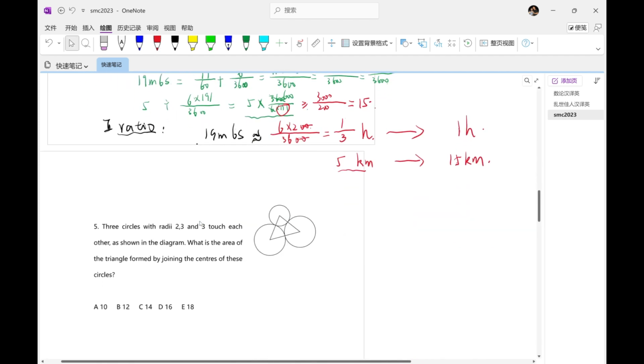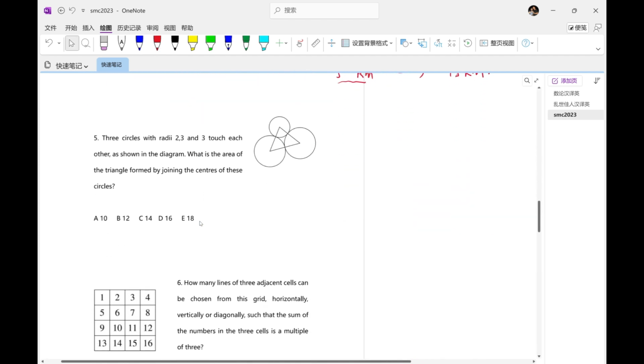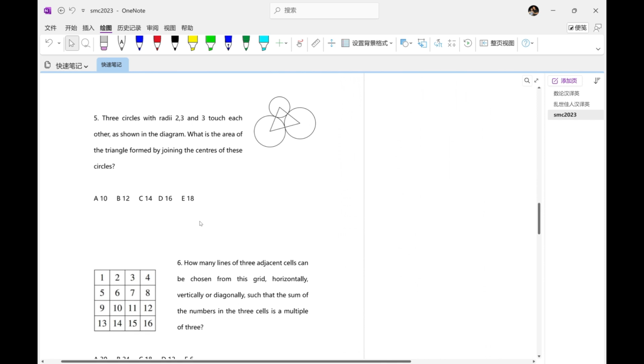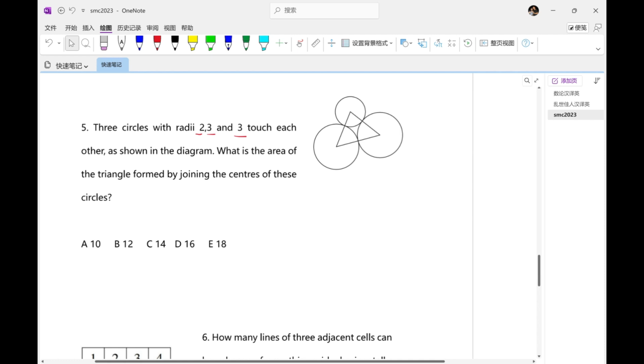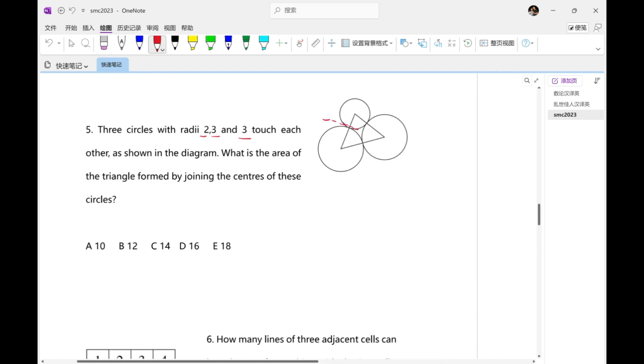So we continue to question 5. 3 circles with radii 2, 3, 3 touch each other. So they are tangent.